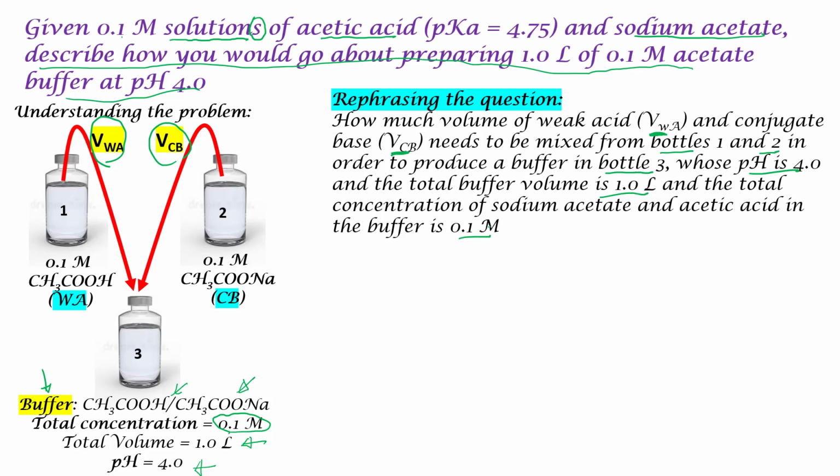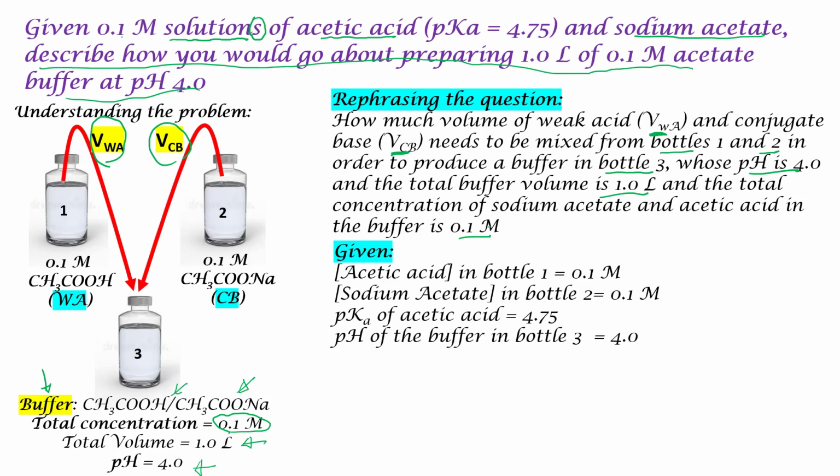So what is given in the problem? The acetic acid concentration in bottle 1 is 0.1 molar, and the sodium acetate concentration in the second bottle is 0.1 molar. But you have to remember that these are the concentrations in bottle 1 and bottle 2, where we don't have any buffer present.